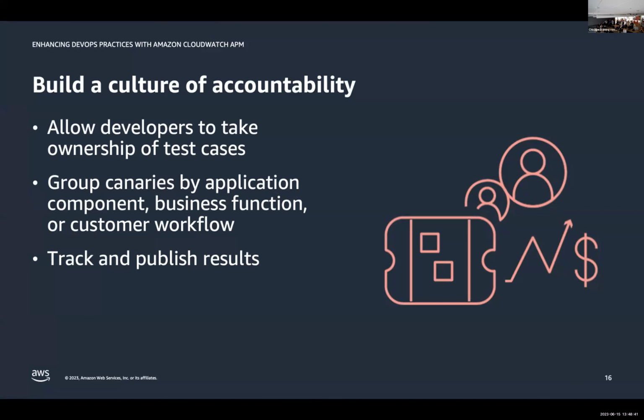So you want to group the results, the canaries, in a way that matches your organization. So group these by teams, by business function, by the customer workflow, whatever way you align as an organization, attach those teams to the results that they're generating, publish them.